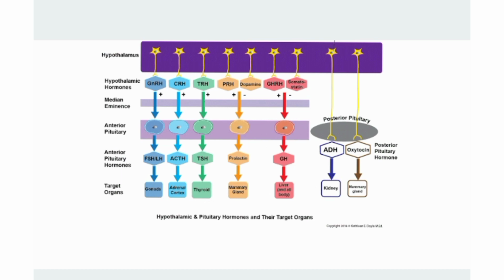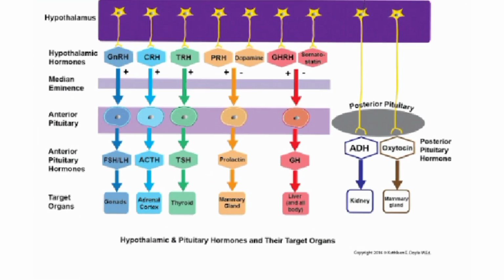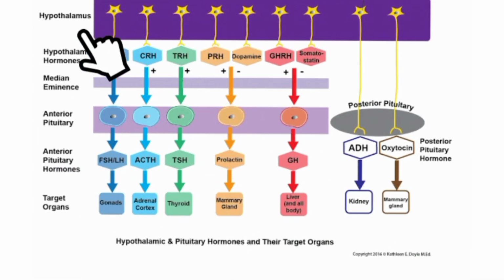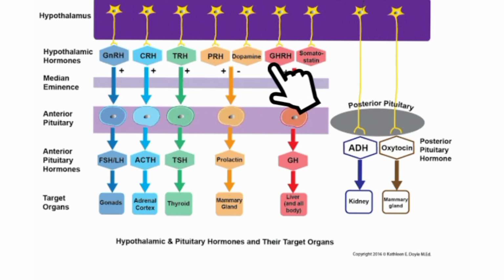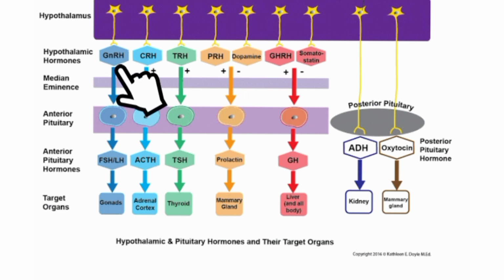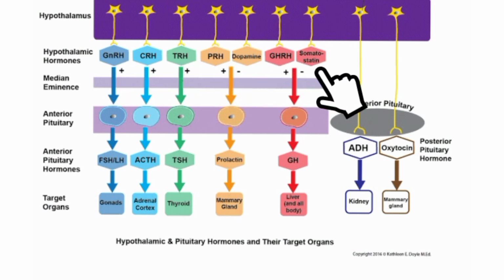As we said previously in the previous video, where we discussed in detail the hypothalamus physiology and its hormones, here we can have again a quick review. The hypothalamus produces releasing and inhibitory hormones which act to control the secretions from the anterior pituitary.